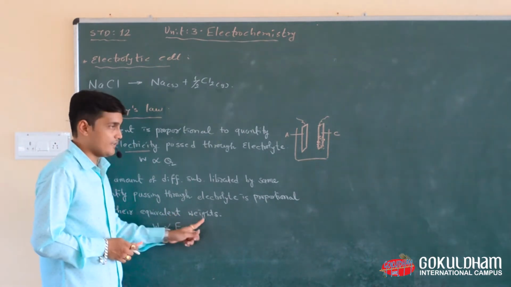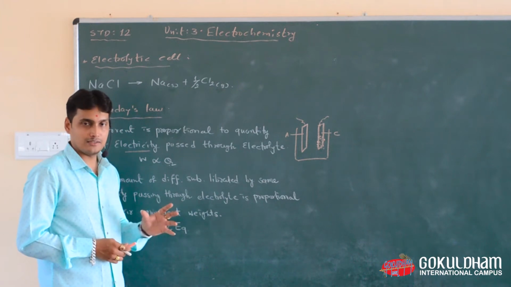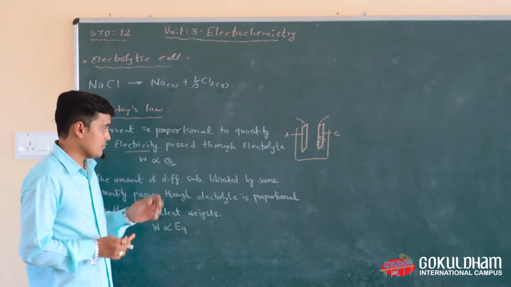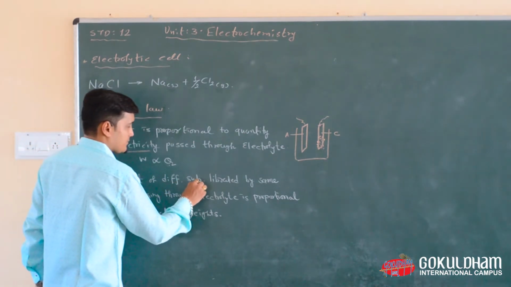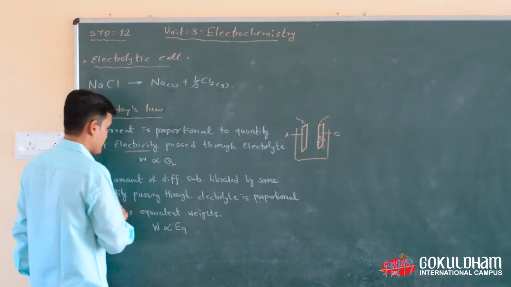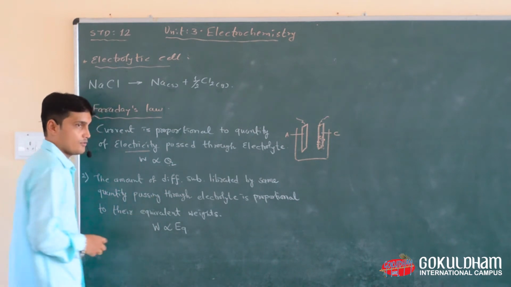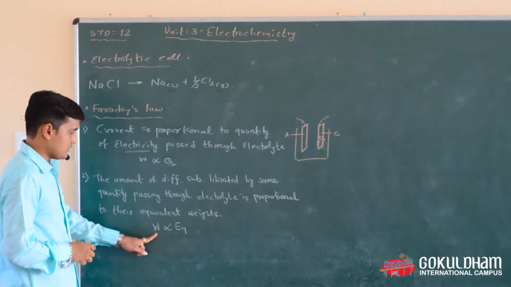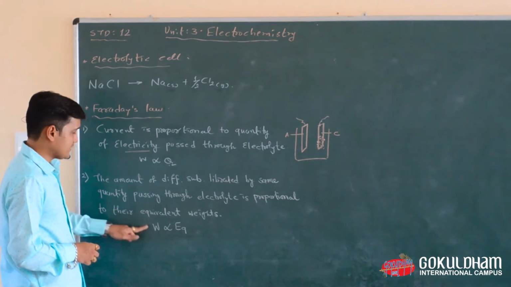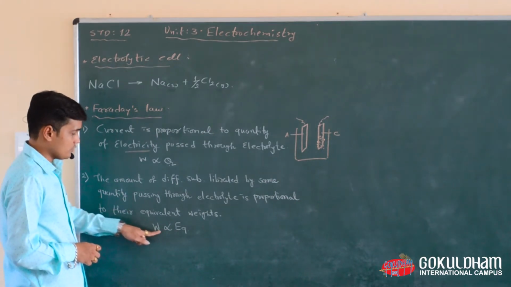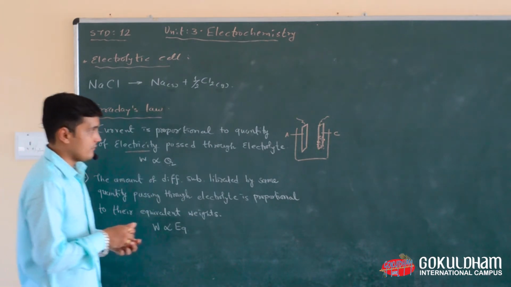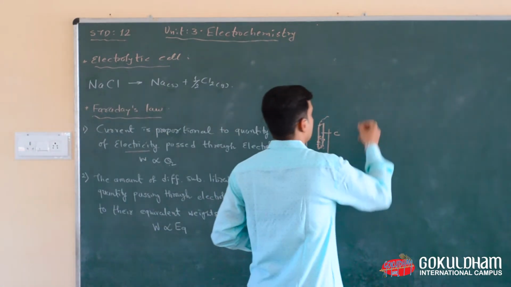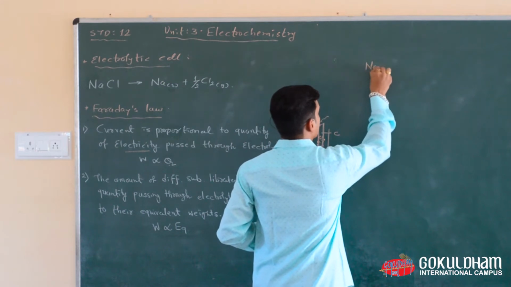This equivalent weight means the atomic mass of the atom. But what is the meaning of different substances liberated by the same quantity of electricity passing through the electrolyte? The rule is denoted by W proportional to EQ, but we can understand this rule by an example.